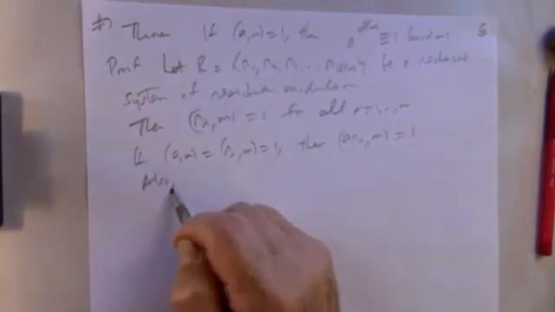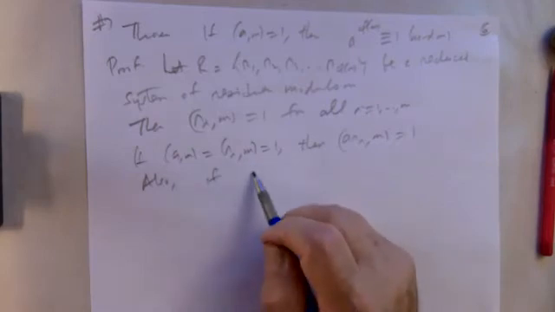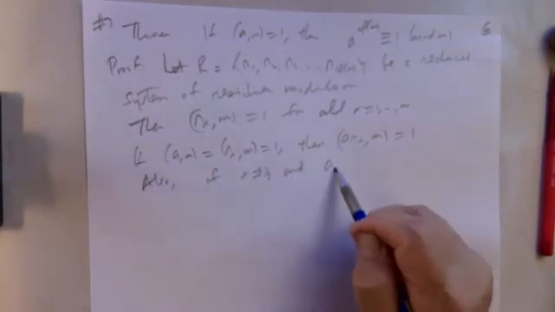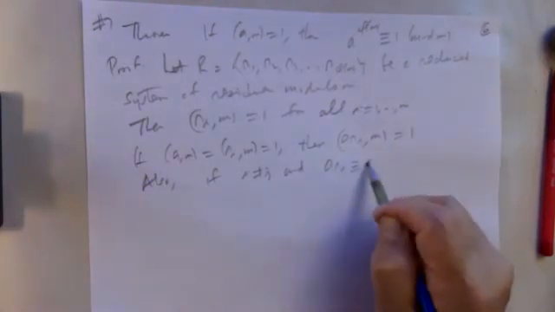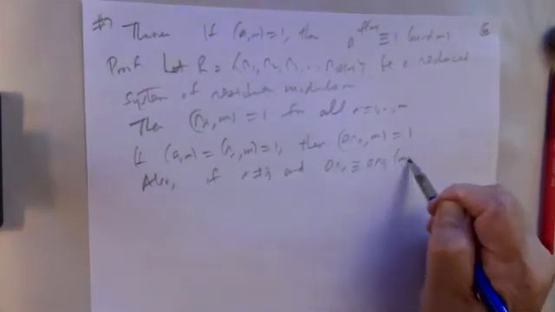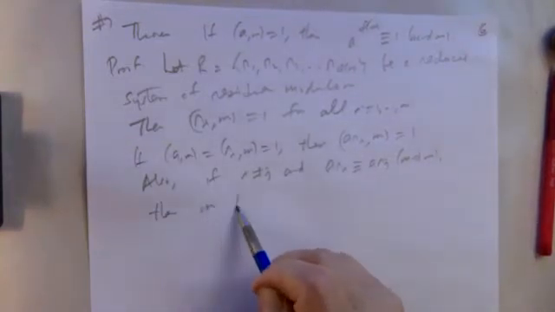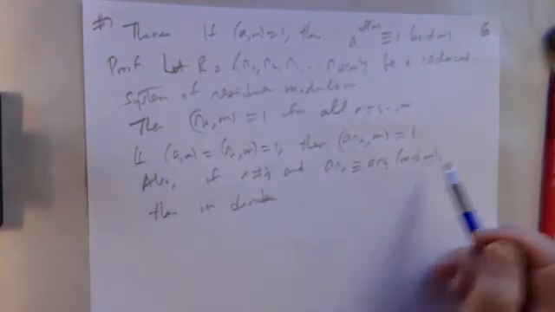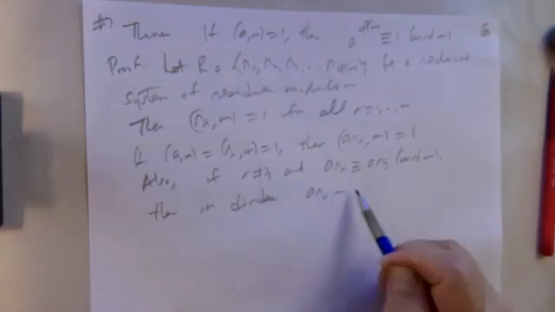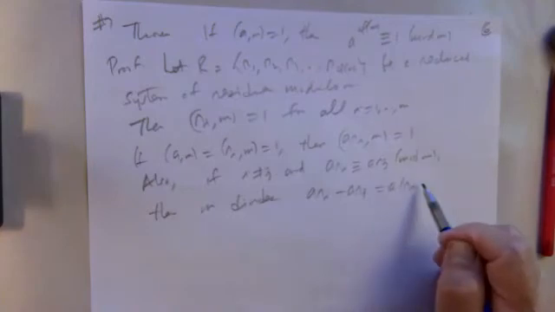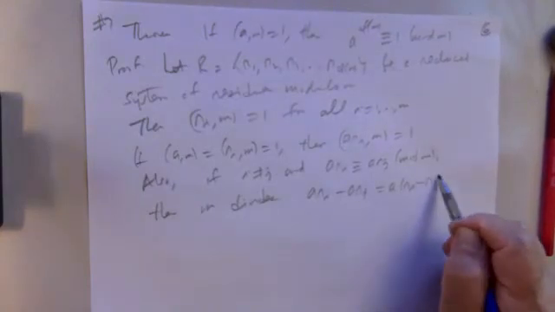Also, if i is different from j and A Ri is congruent to A Rj mod M, this means that M divides the difference, A Ri minus A Rj, which is A times (Ri minus Rj).